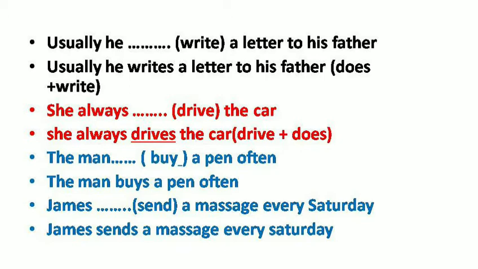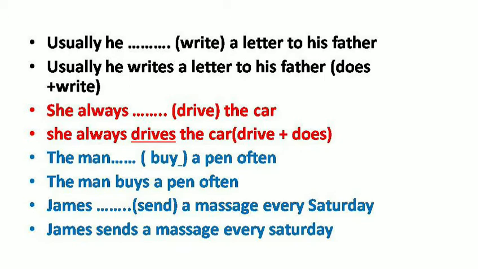That means here does plus write becomes writes, because he is the third person singular subject in the sentence. We have to use, for all third person singular subjects, only does along with V1. When does comes along with V1, that becomes an S or ES form at the end.